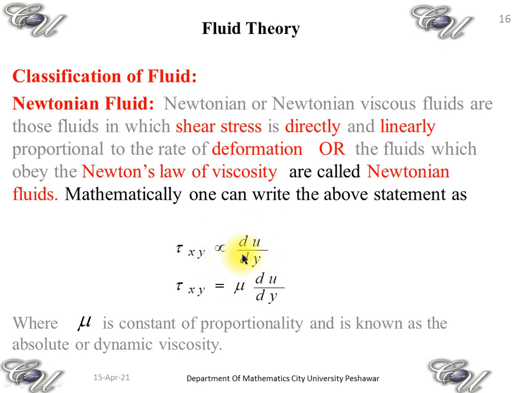We will develop how this relation actually arises. The shear stresses are directly proportional to the deformation, because this is the mathematical form of deformation: the change in velocity occurs along the y-axis.